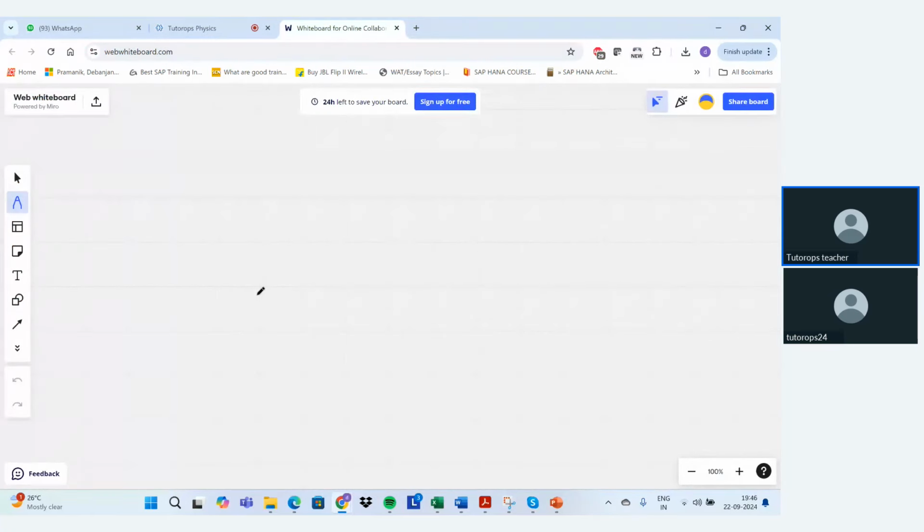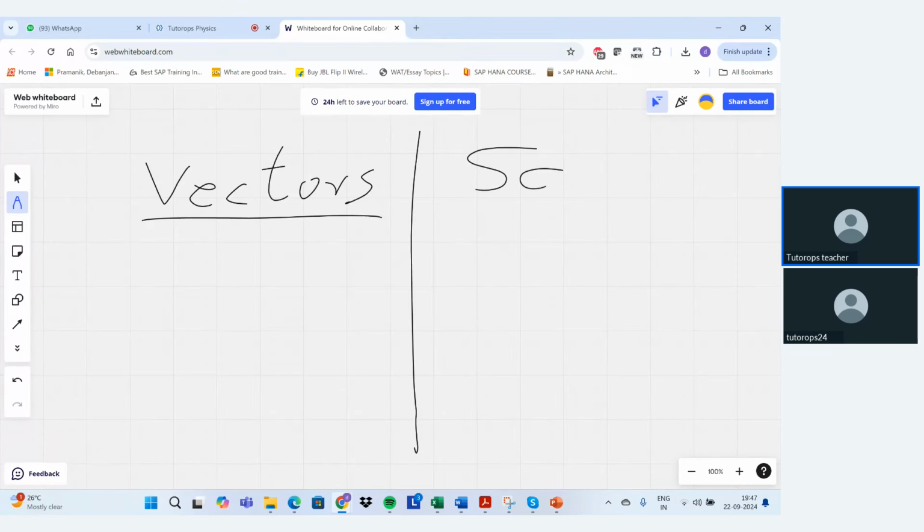Okay, so let me come here, as we will see what we mean by vectors and scalars. I will first tell about scalars, then we will understand the principles of it.